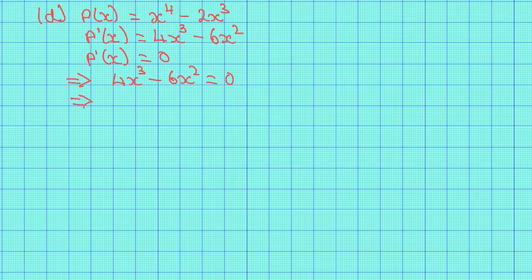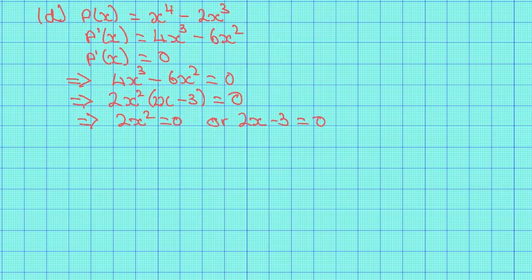Factorize with 2x squared. That's 2x minus 3 equals 0. Therefore, 2x squared equals 0, or 2x minus 3 equals 0. So x equals 0, or x equals 3/2.